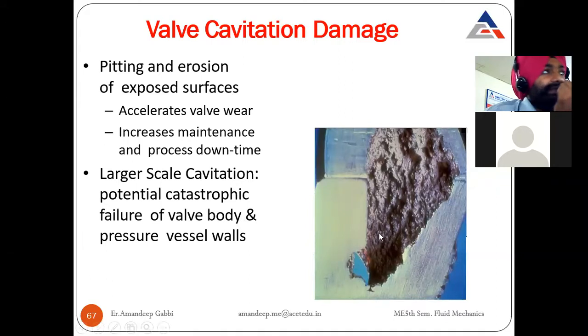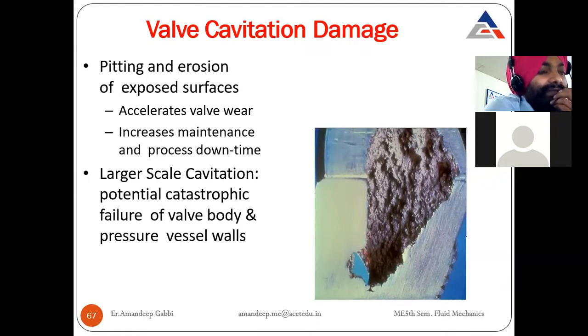Like you can see in the image on the right hand side. This is a blade of some part. The material is removed from the surface because of this cavitation. As it is an undesirable process, this damages parts of different machineries. Large scale cavitation can cause potential catastrophic failure of valve bodies and pressure vessel valves.